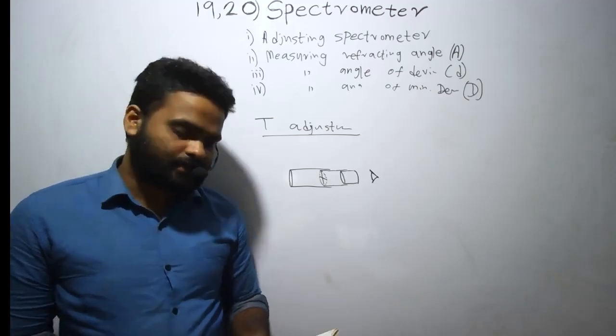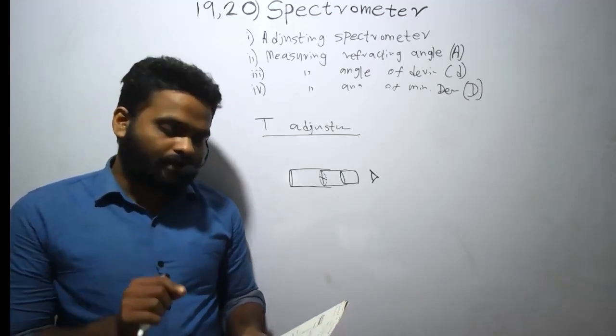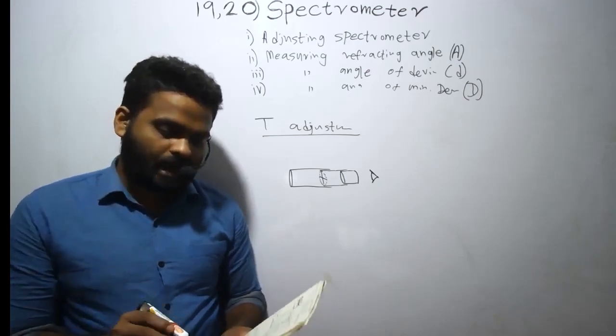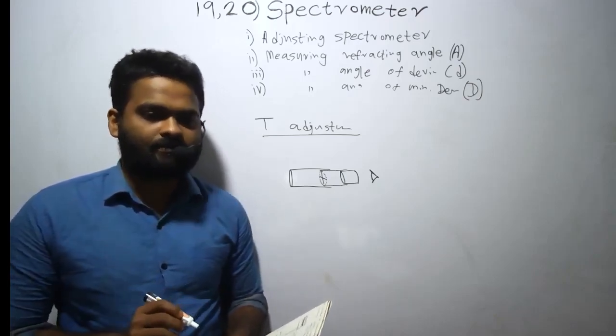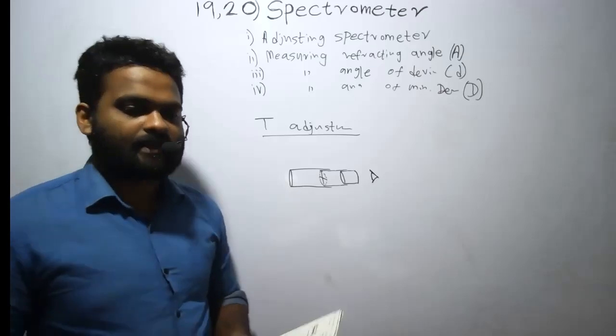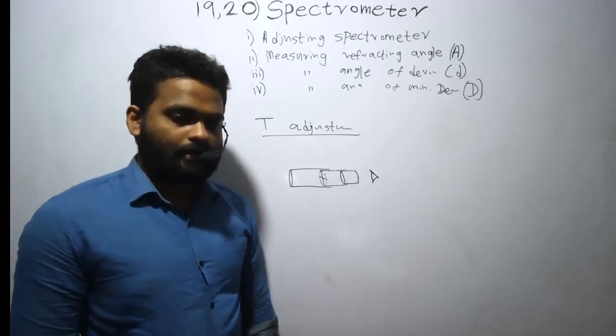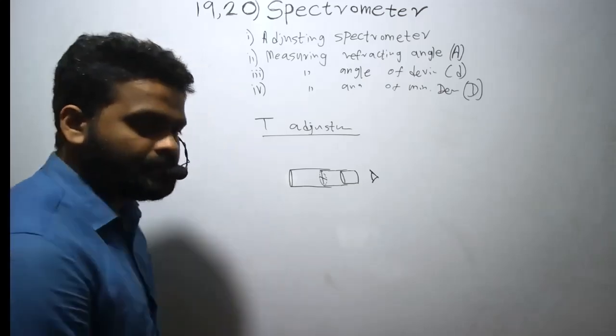After adjustment, telescope is only responsive to parallel light. Underline parallel light. Okay?